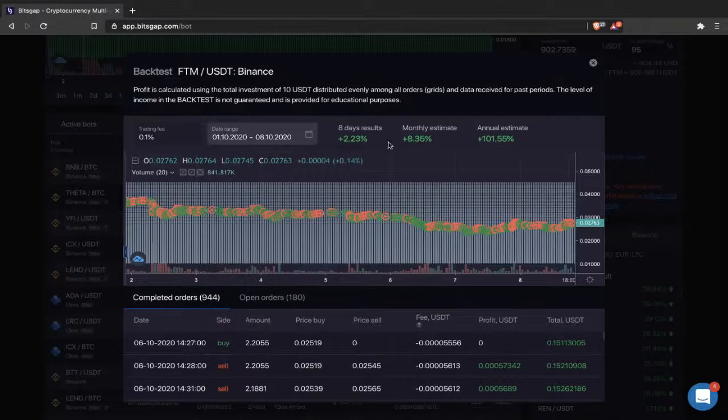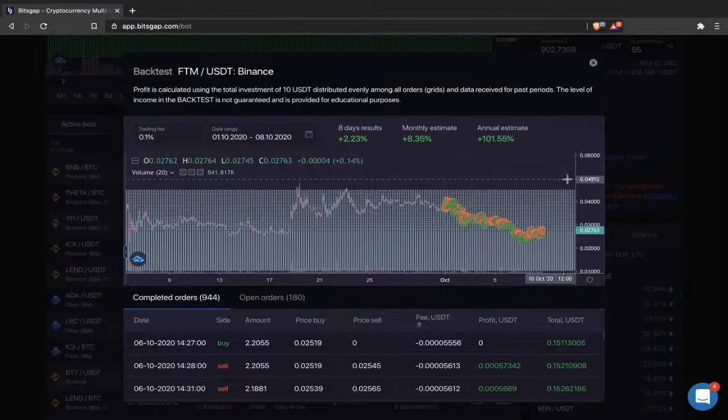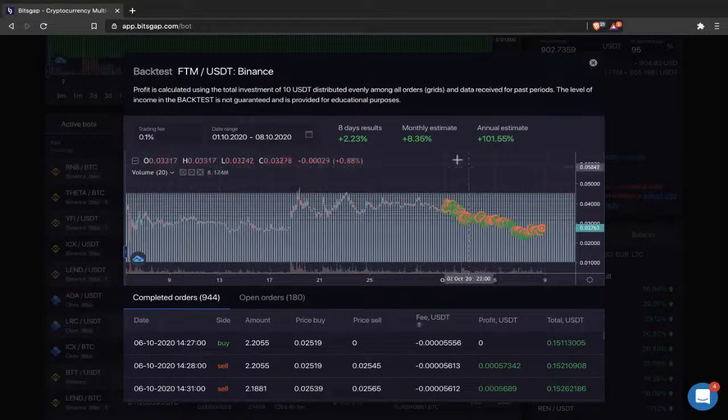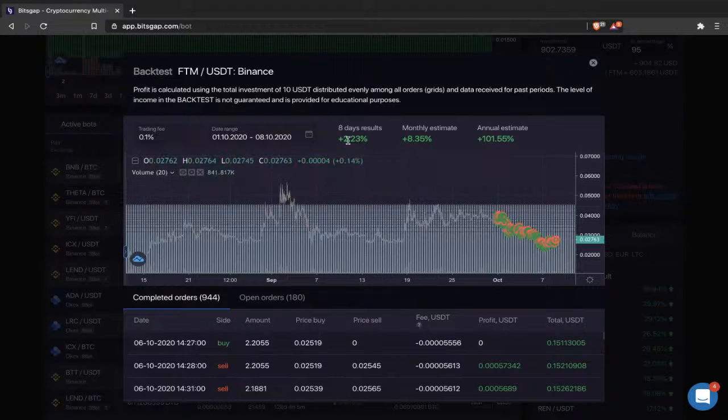Well, you see, comparing with BNB, it would have made 2.23%. So that's the way of how you can use backtesting to find those optimal cryptocurrencies to trade. All right. So basically, you use statistical data to at least build some expectations of what can be a future return.